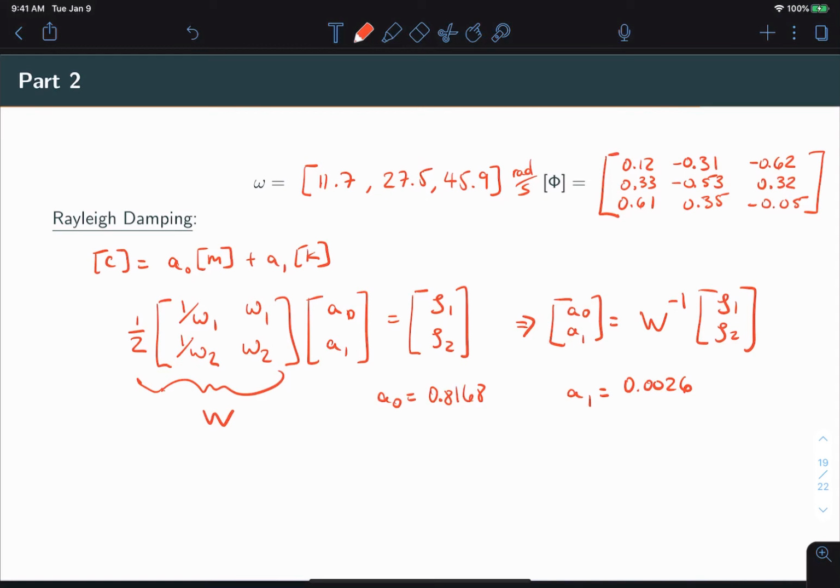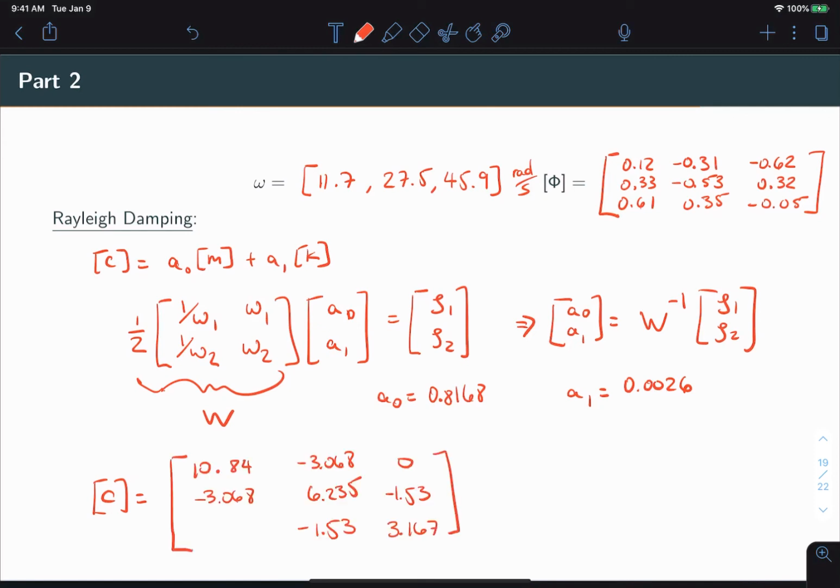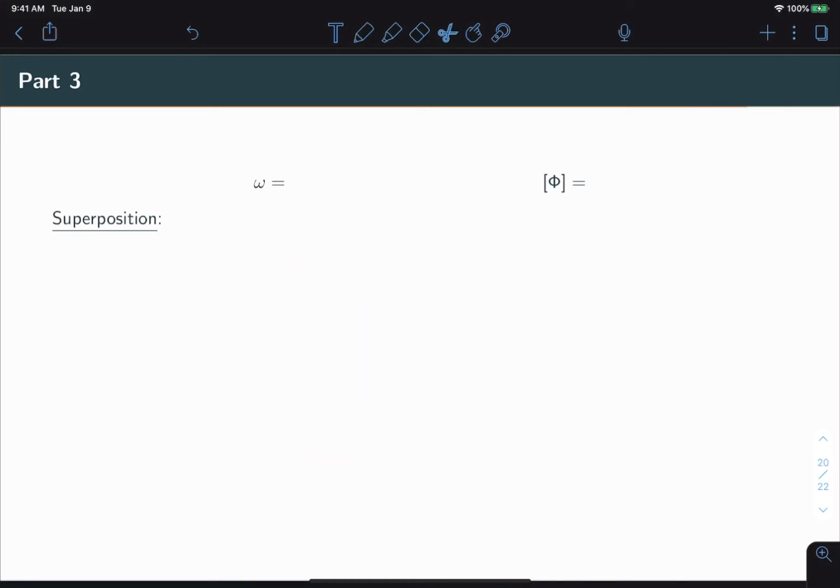And plugging all that into our original equation, we get C equal to the following. Notice 2 things. First of all, our values for A0 and A1 are not the same as in the mass and stiffness proportional cases. And the C matrix is symmetric since both mass and stiffness matrices are symmetric.